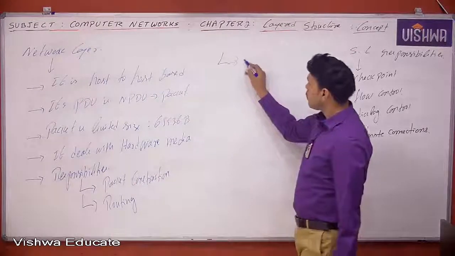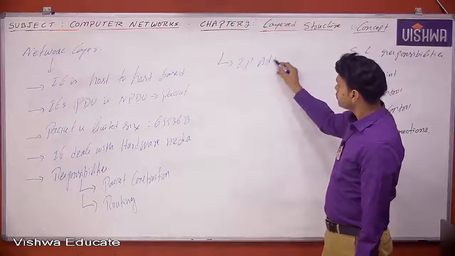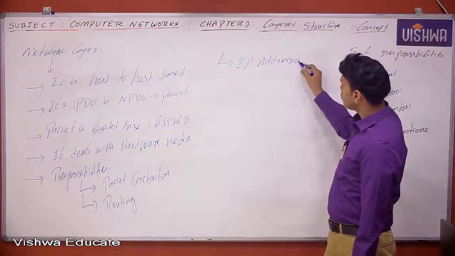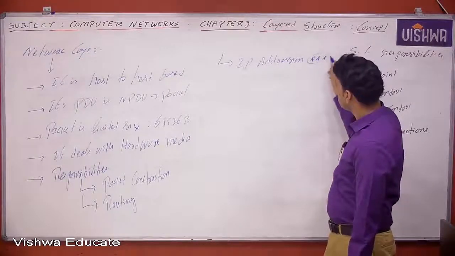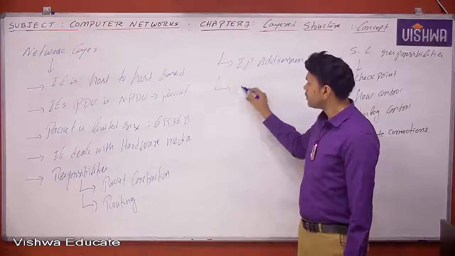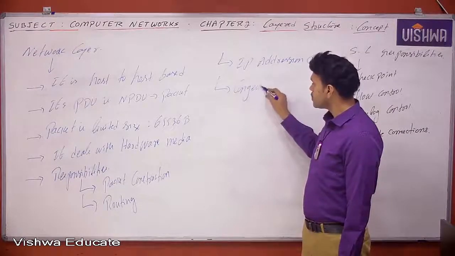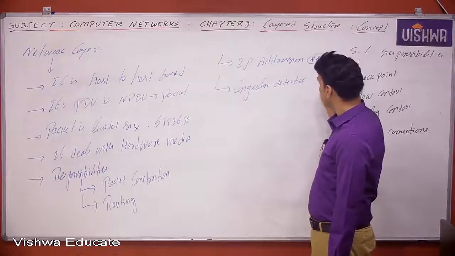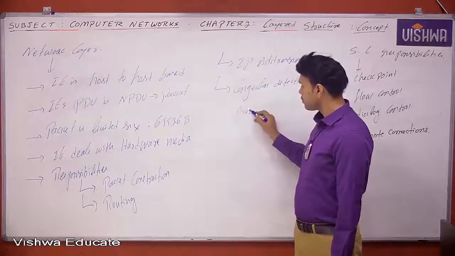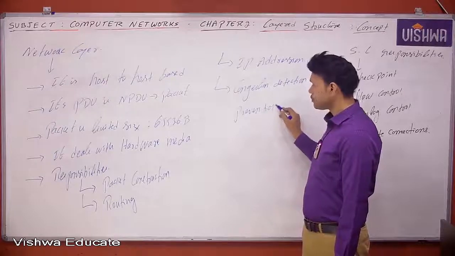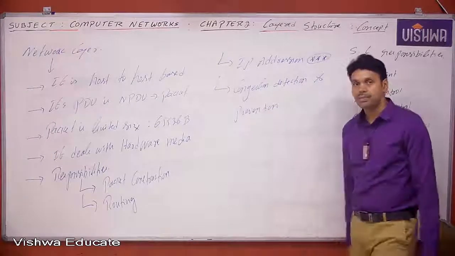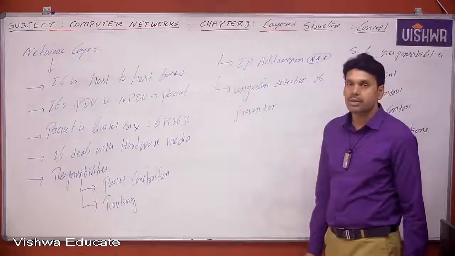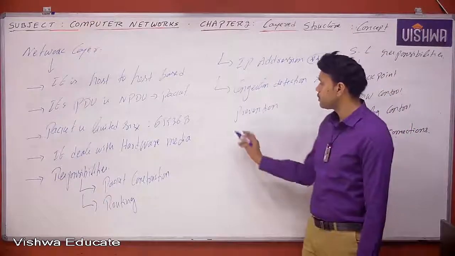Next one, IP addressing. This is very important. Next one, congestion detection and prevention. This is how about the network layer.